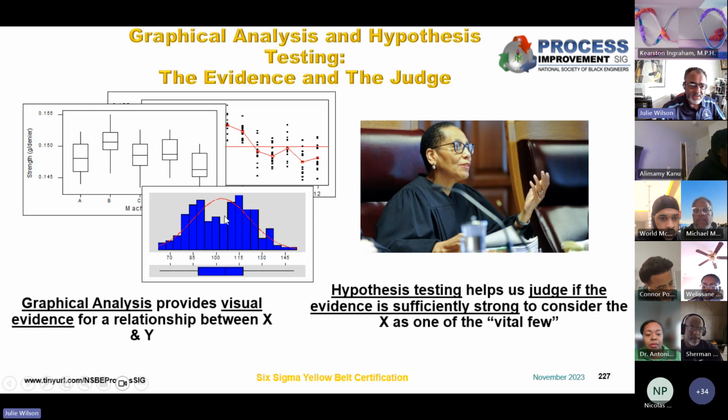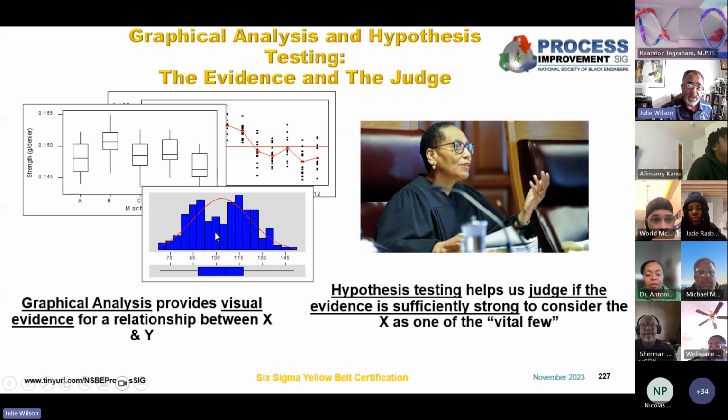In many cases, a picture's worth 1,000 words, and that visual picture can tell us a lot. But even the visual picture may not give us the concrete information or the concrete conclusion that we need to be able to draw. But we can analyze the data associated with those pictures and tell whether or not there is a relationship between an X and a Y.